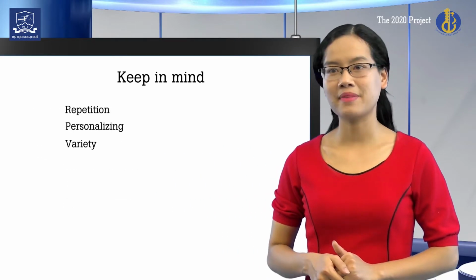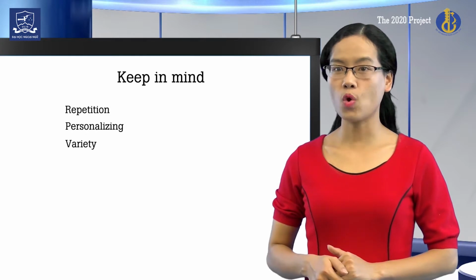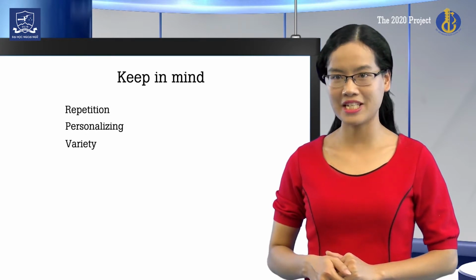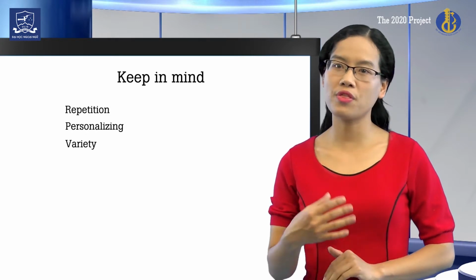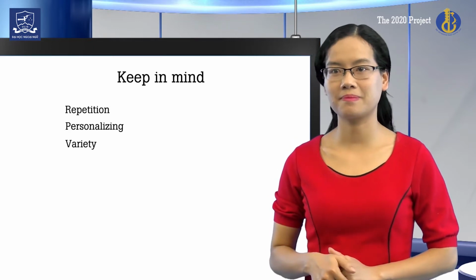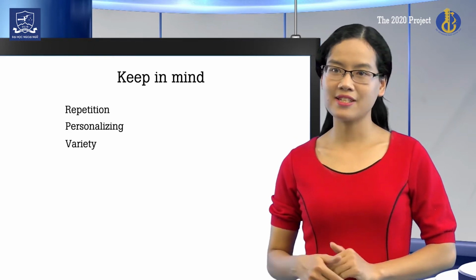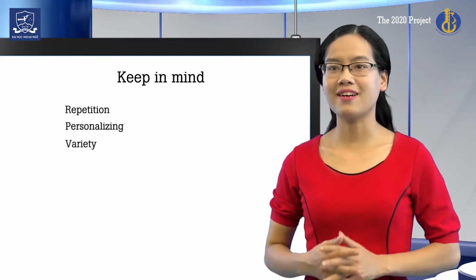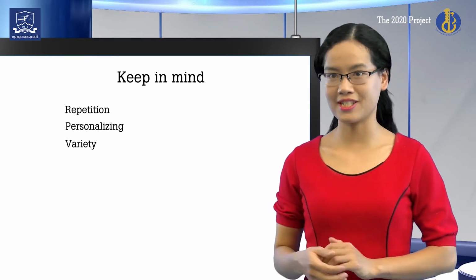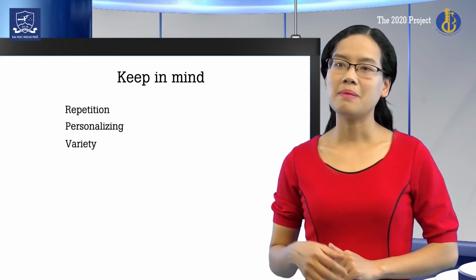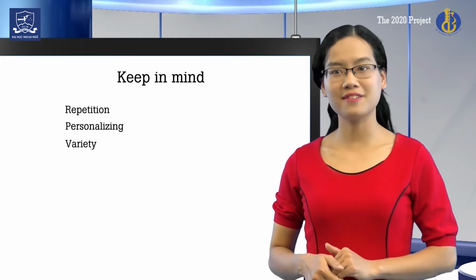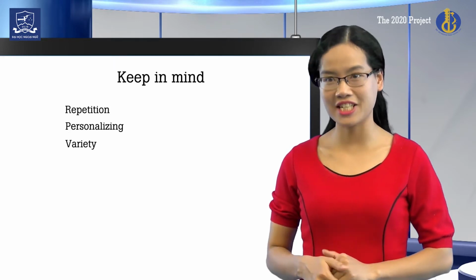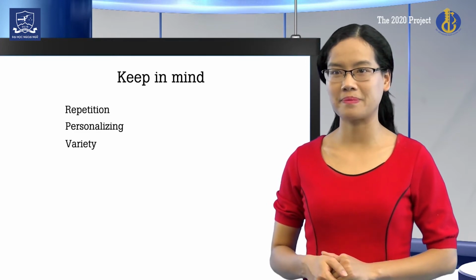As you can see, the first activity, the pointing game, is an adaptation of gap filling with for or since. The second activity, negative sentence completion, is an adaptation of sentence completion. But both of the two activities are done in an exciting and motivating way.